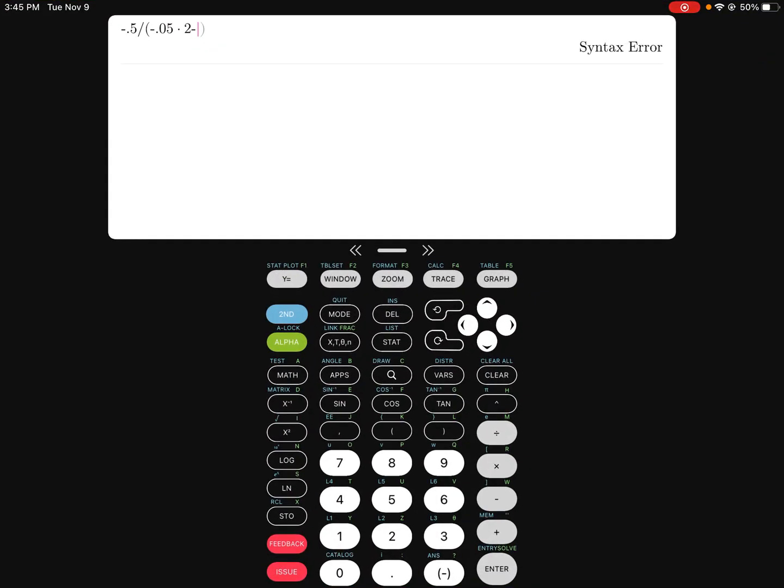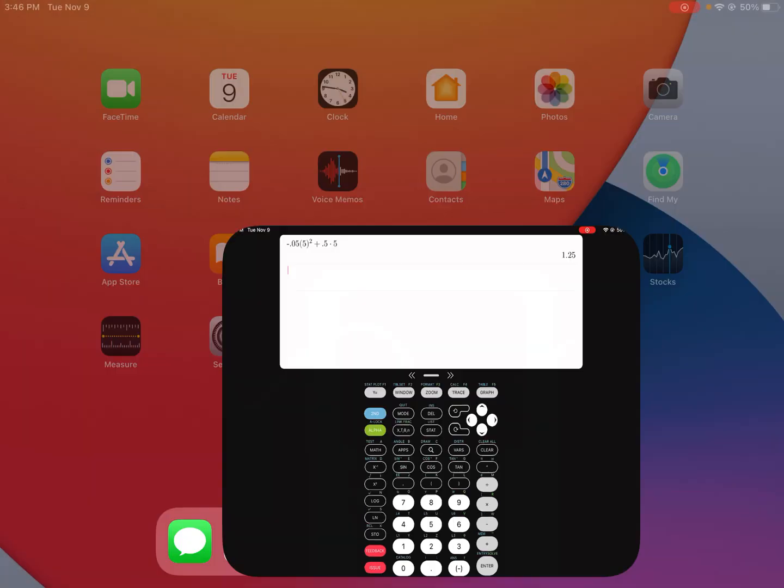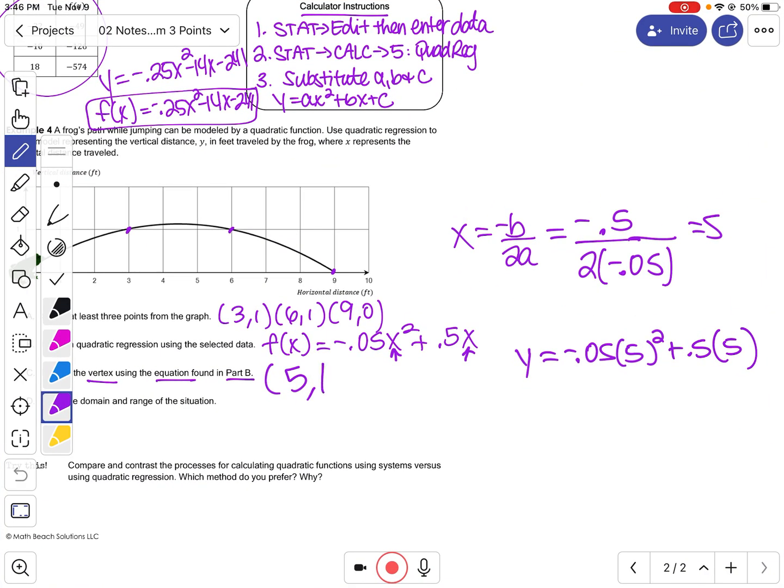That would be negative 0.05, open parentheses, times 5, and then square it, plus 0.5 times 5. I do not like this calculator. Okay. So we get 1.25 for the y value of the vertex.